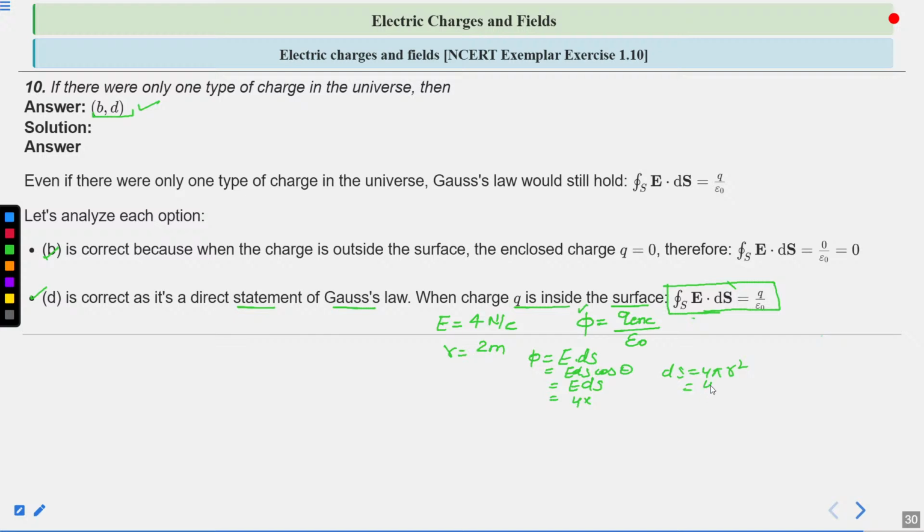So it becomes 4 into 4 into 22 divided by 7 into 4. Please solve, and what is the answer? This is homework for you.